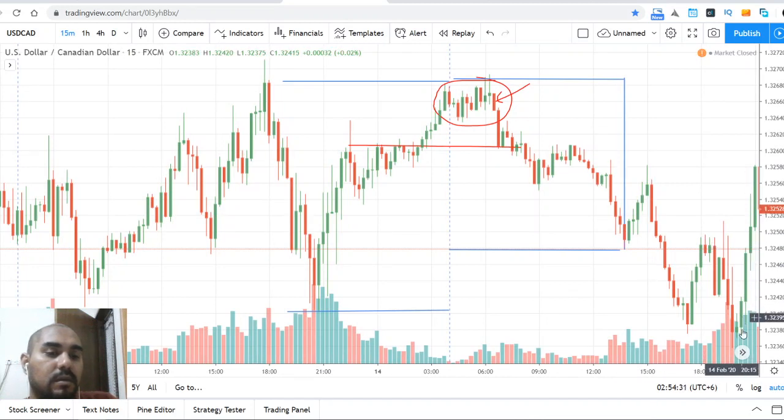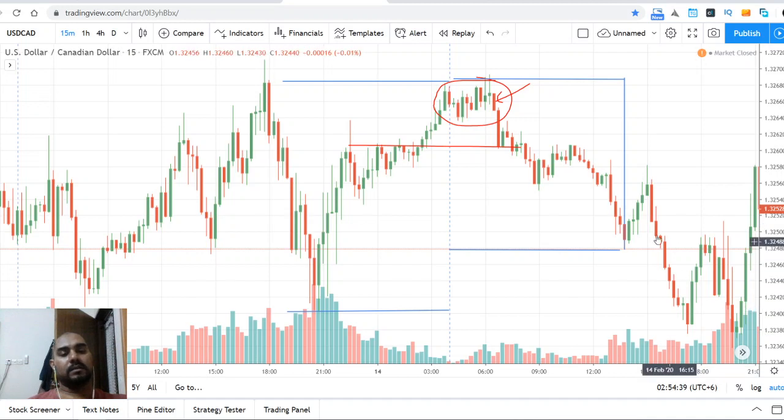Okay. So this is inside the breach. So this buyer has digested the sellers. If the buyer has digested the seller, that means it's a buy now. Wow, man, talk about confusion.